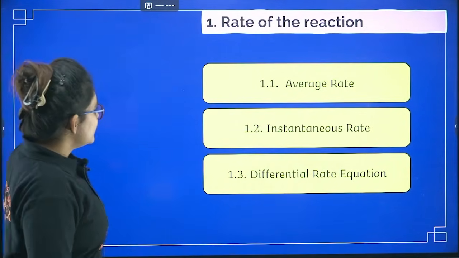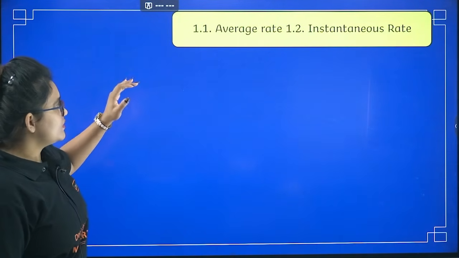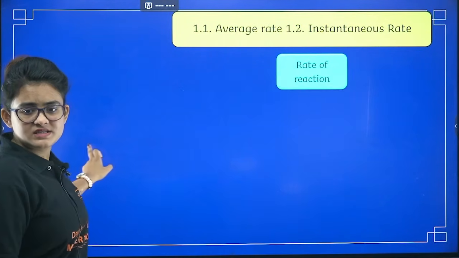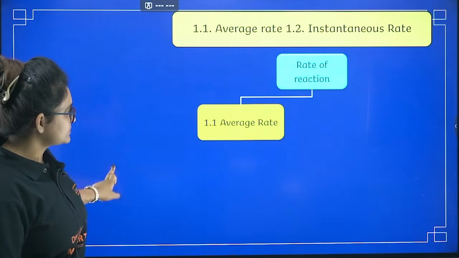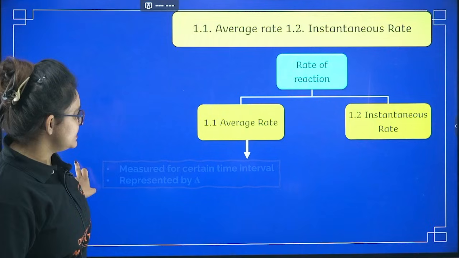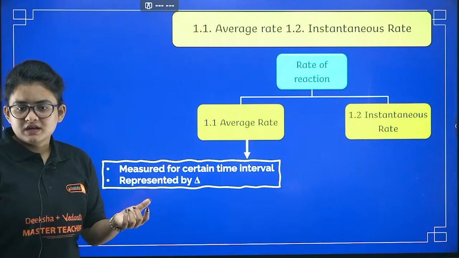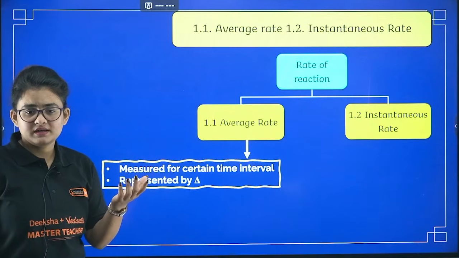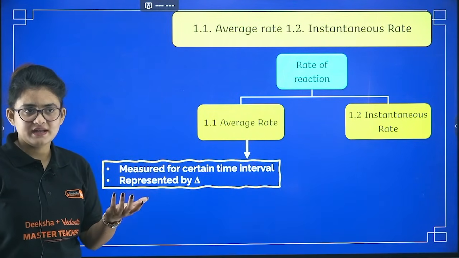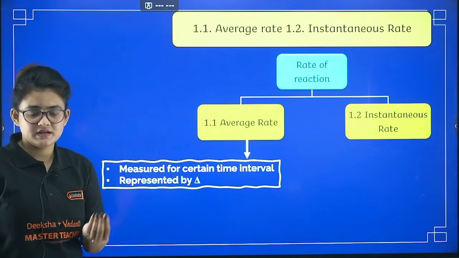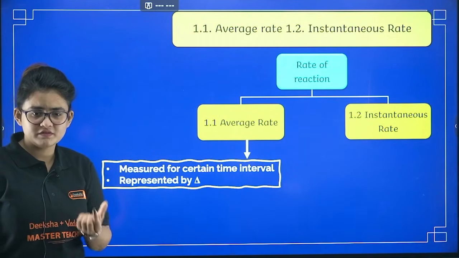Whenever we discuss average rate and instantaneous rate, what does it mean? The average rate is a measure of the rate or the time that is needed to complete a certain amount of product at a proper interval of time.